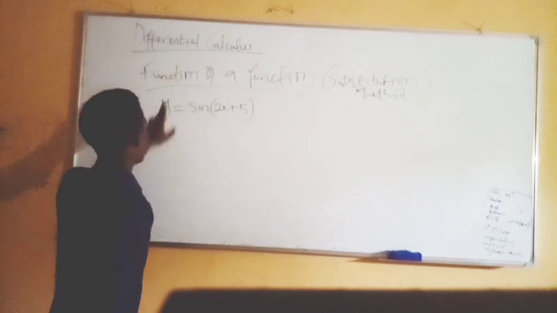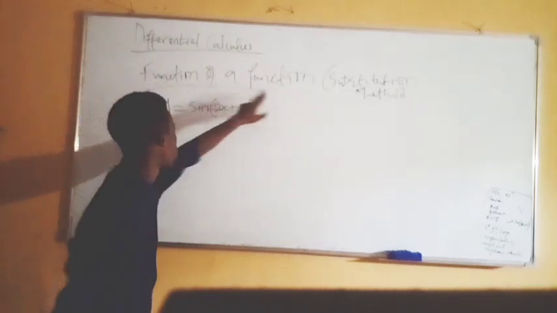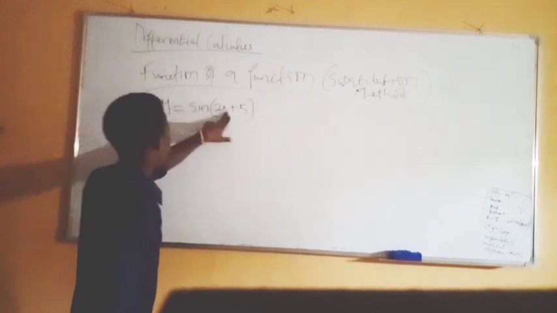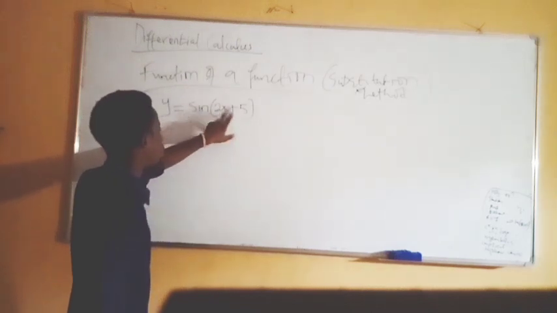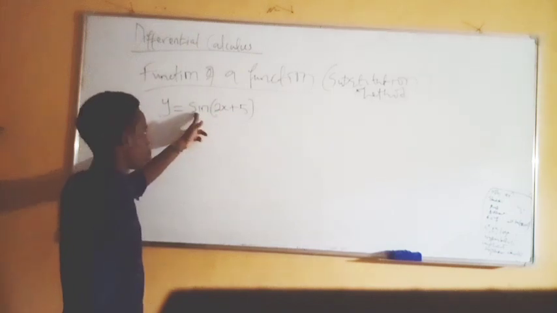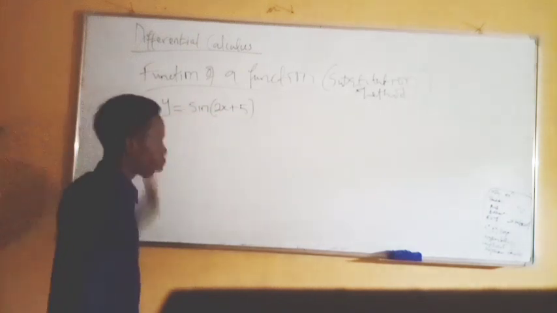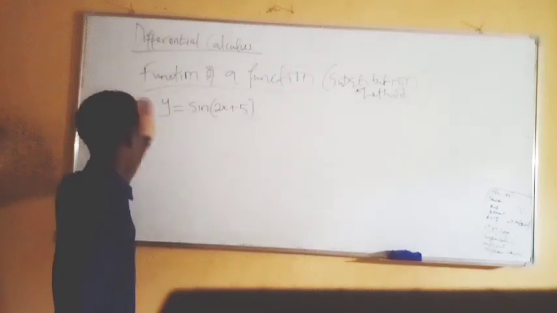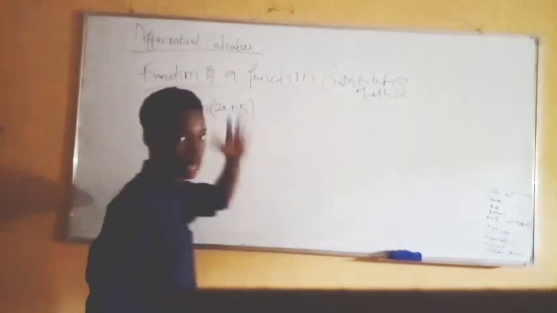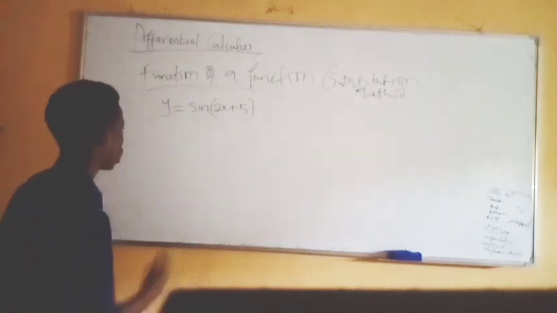When we say function of a function, the binomial function is also functioning inside the sine function. So it is actually difficult to differentiate this function by any of the methods that have been explained earlier. You can't do that.